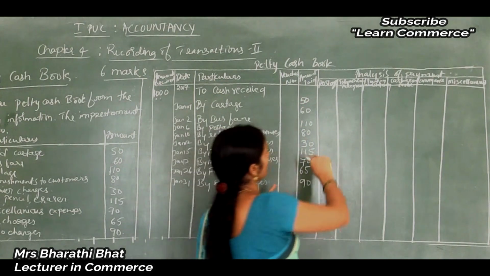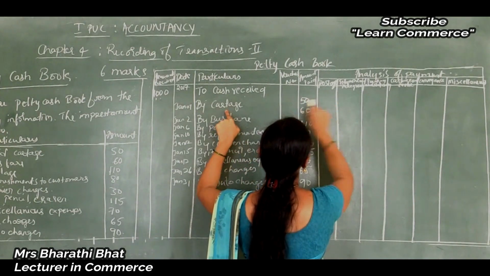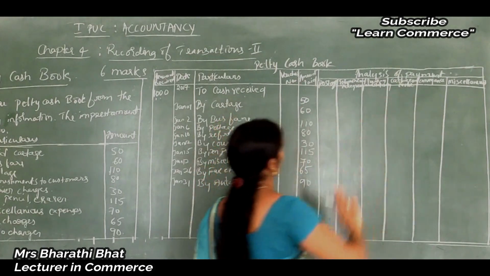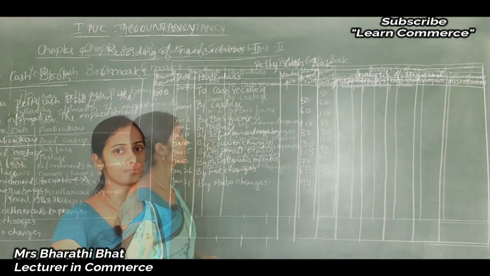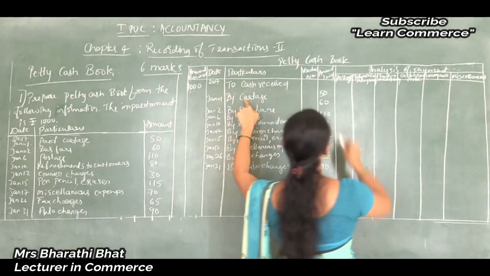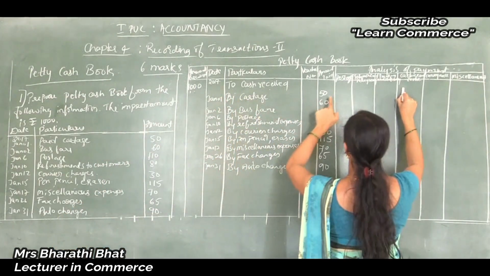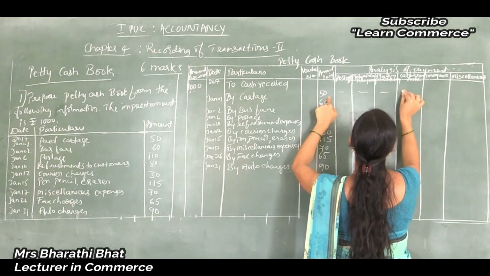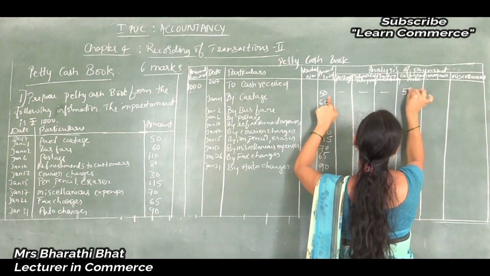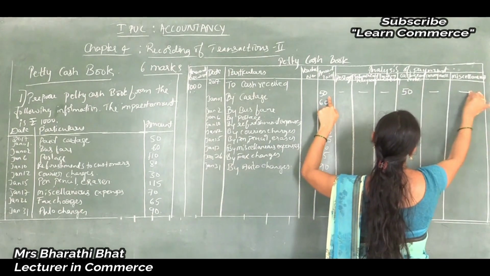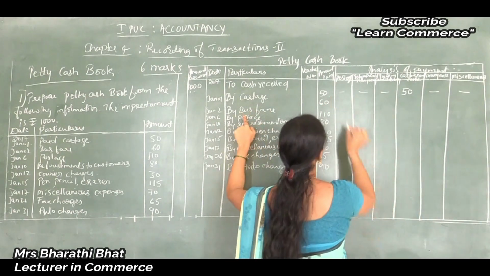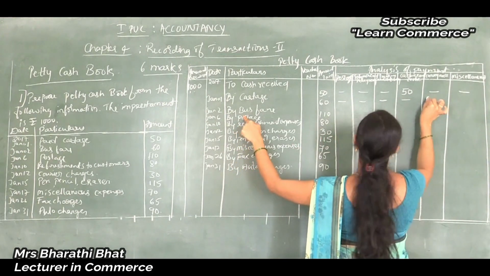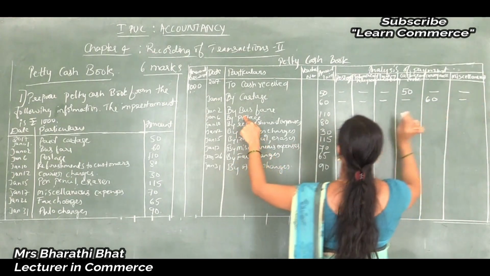Next we need to record these amounts in the respective columns. Let's see how. To record this cartage amount, we have the cartage and coolie column, with a small dash for all the other columns. Bus fare comes under conveyance, so 60 under conveyance.